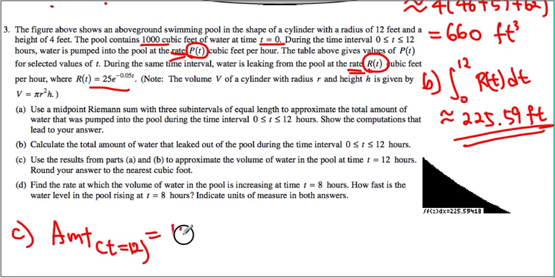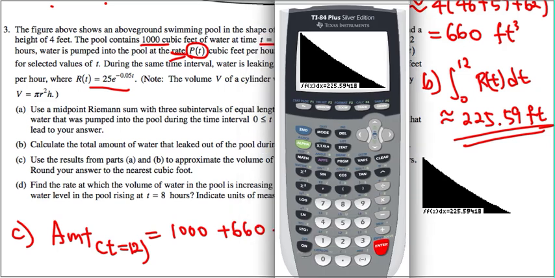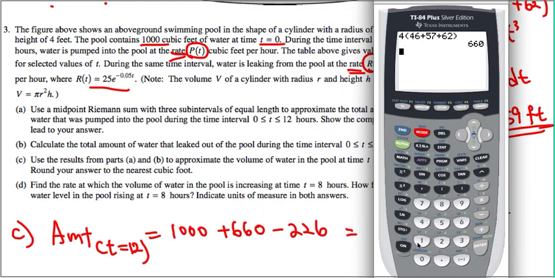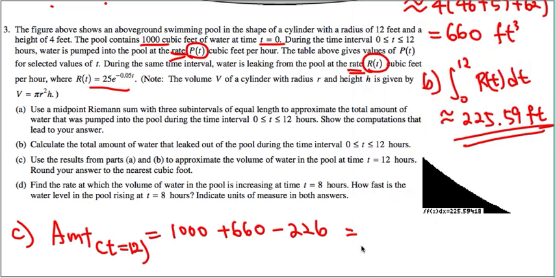There was originally 1,000 cubic feet of water, but we pumped in 660 and we subtracted 226, to the nearest integer. Then this becomes our answer. 1000 plus 660 minus 226. So 1434 cubic feet becomes our answer.